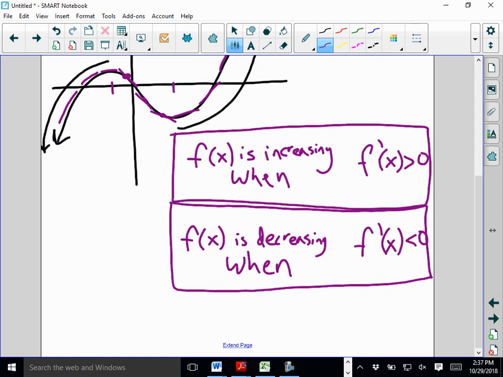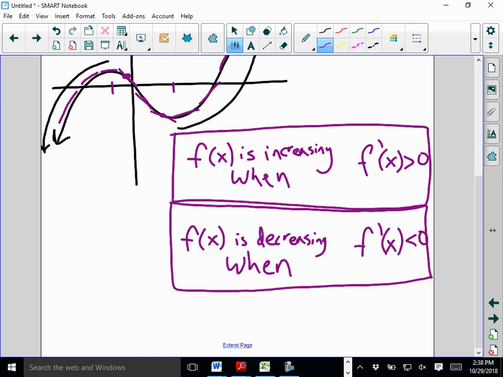So if they gave me on the test a function f, and I want to know when f is increasing, I just need to figure out where the derivative is greater than 0. If they gave me f prime, and they want to know when f is increasing, I would just take that f prime and figure out where f prime is positive. I wouldn't have to take a derivative in that case, because they already gave me f prime. I would just need to figure out where that thing is greater than 0. Very, very important there.